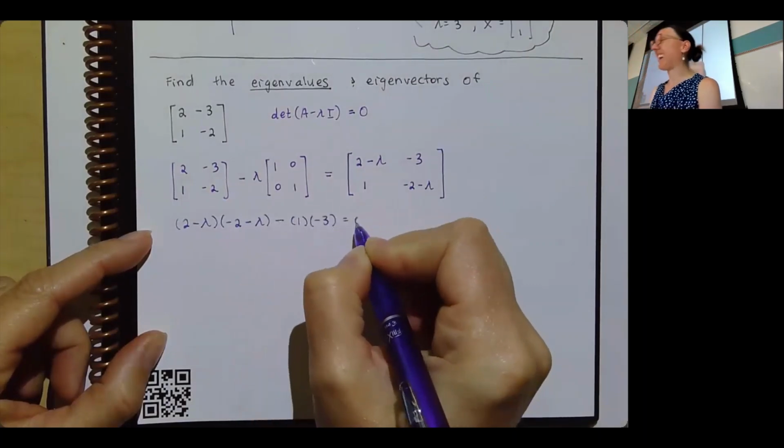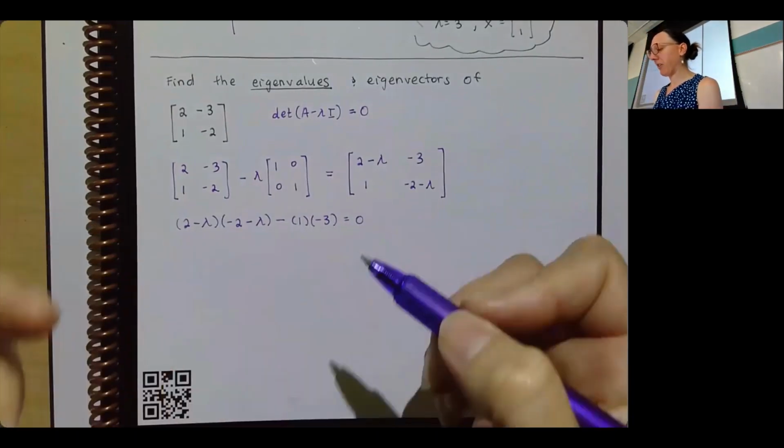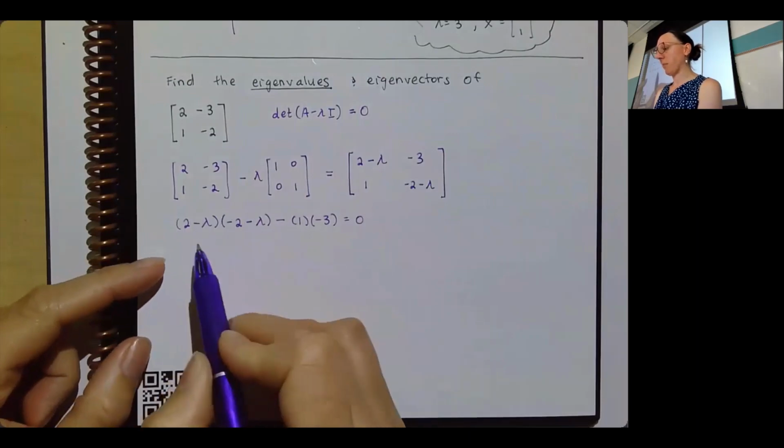I will say, kind of like when we're doing matrix multiplication or addition, take your time with the arithmetic, because making a mistake with a minus sign or with addition or subtraction can lead you to something that looks really gross when the eigenvalues were supposed to be nice numbers. So I'm just going to take my time and write out an extra step. I'm not going to try to do this in my head.